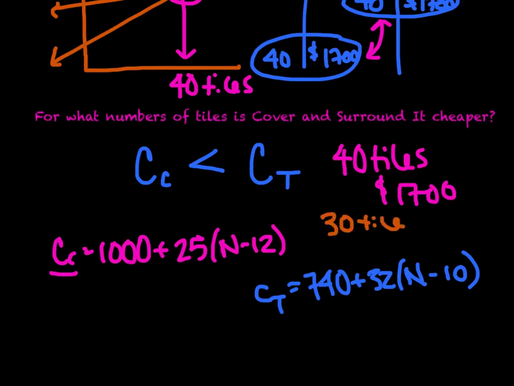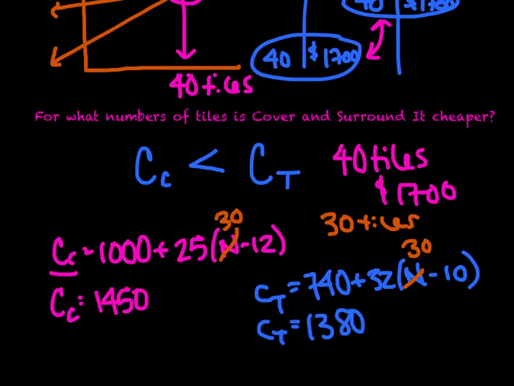So you're simply going to put 30 in for N for both of them, and you're going to determine which one is actually cheaper, which one's making less money or which one's making more money. And what we can see here after the math work has been done is that Cover and Surround It at 30 tiles costs more money than Tile and Beyond.